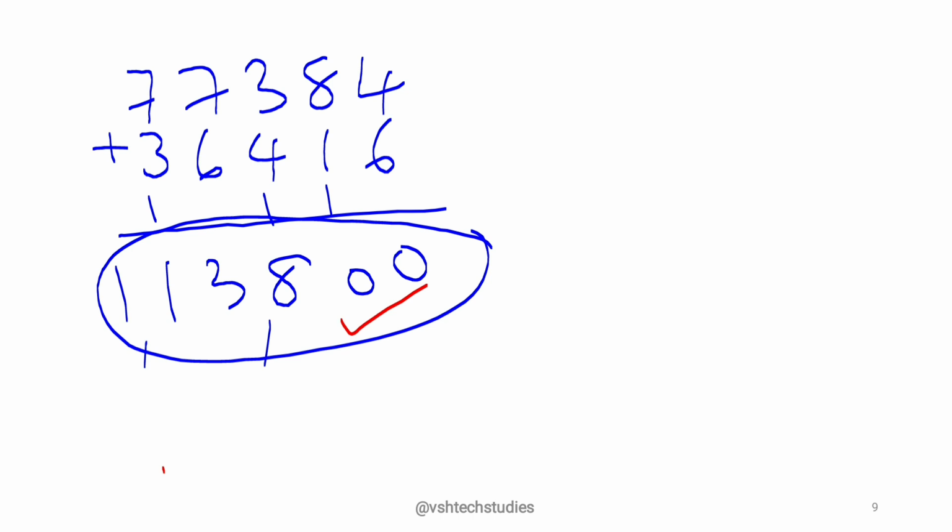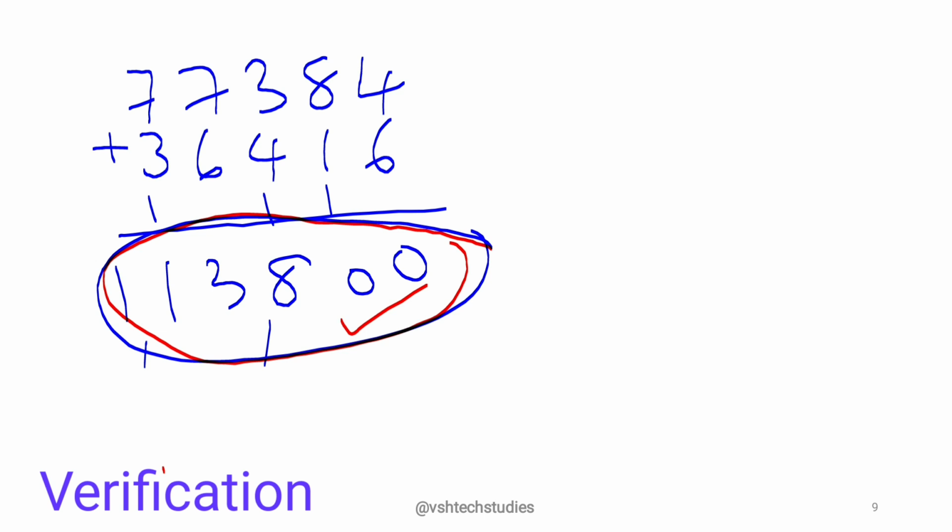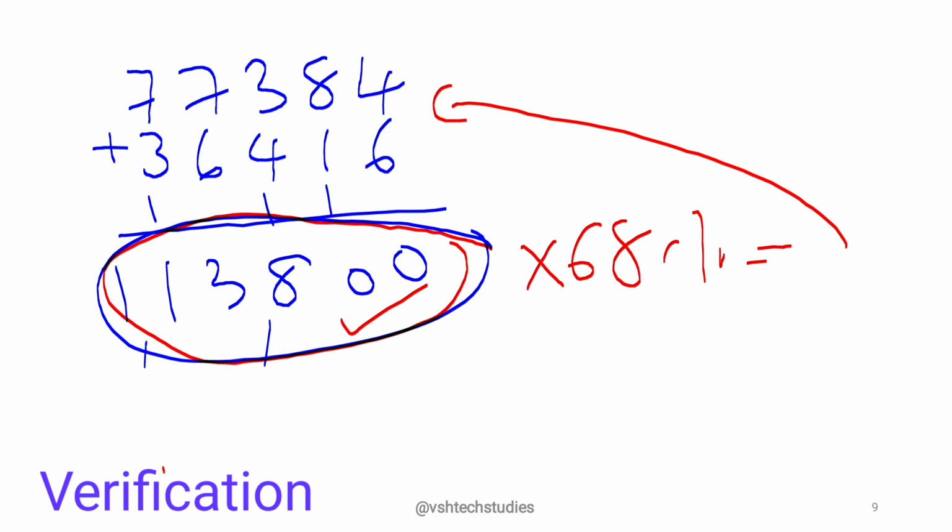Is it correct? That we have to verify. How to verify? Taking the total amount, 68% of this, if you calculate, is it equal to this? That we have to find. Then 113,800, 68% means into 0.68.